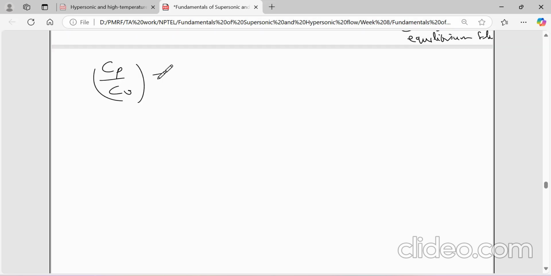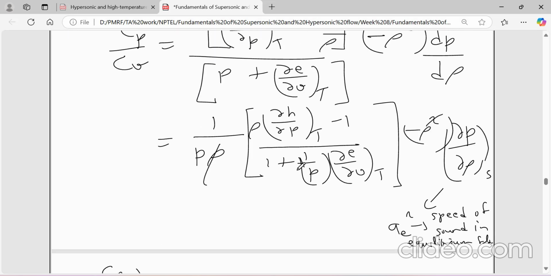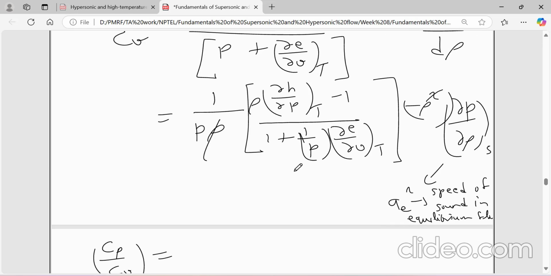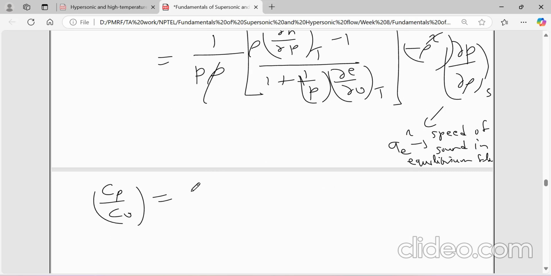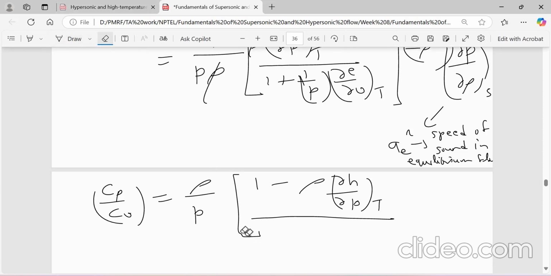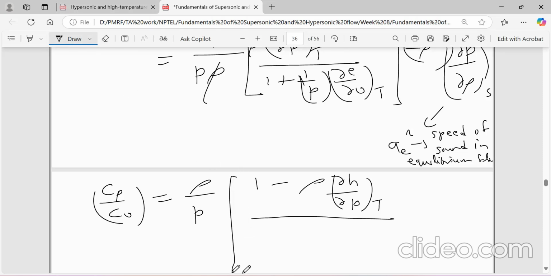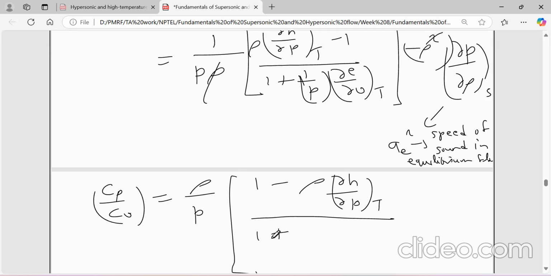Cp by Cv equal to this rho by P 1 minus rho dou H upon dou Pt upon 1 plus 1 by P dou E upon dou V T and dou P by dou rho as A square.